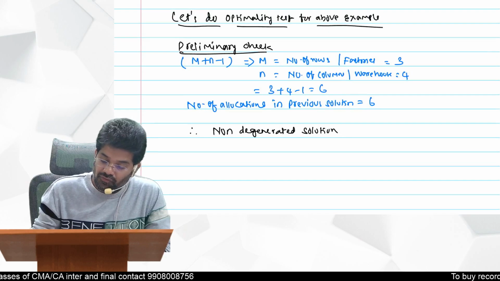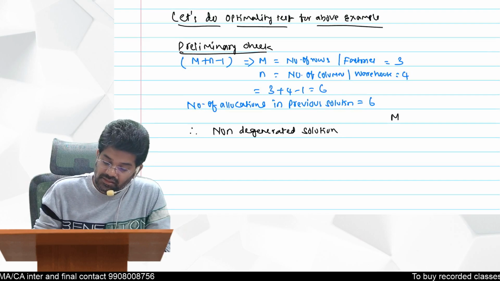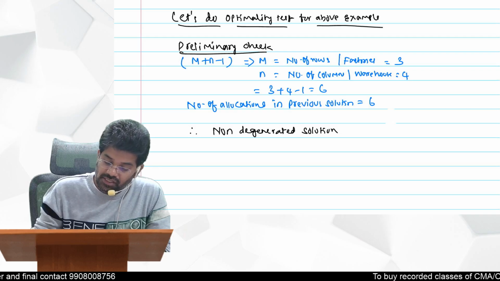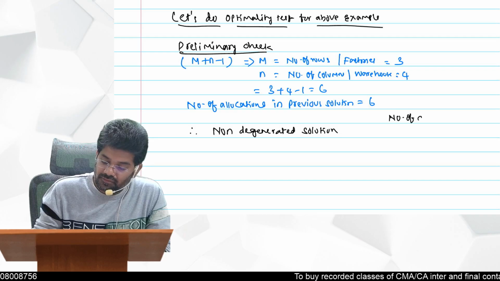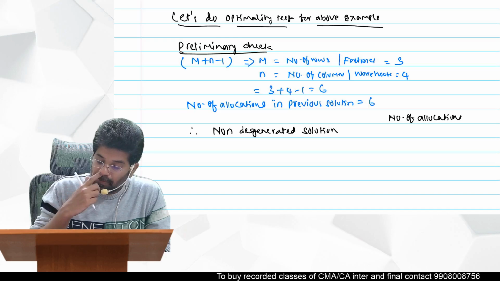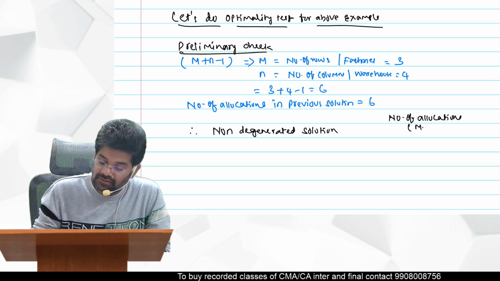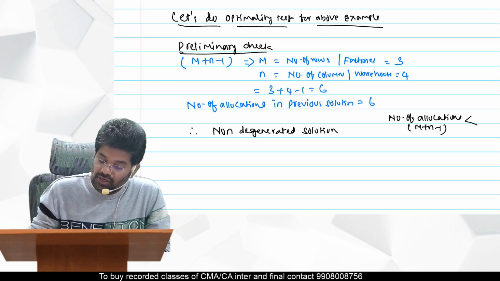Now what if your number of allocations, that is m plus n minus 1, is less than your allocations?